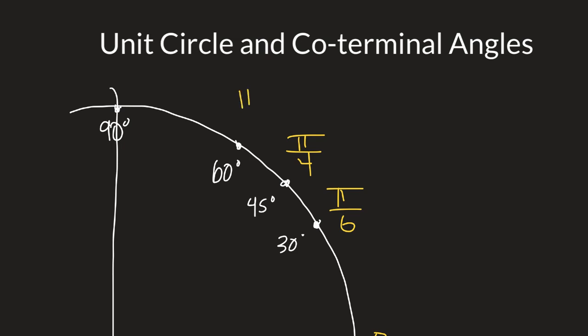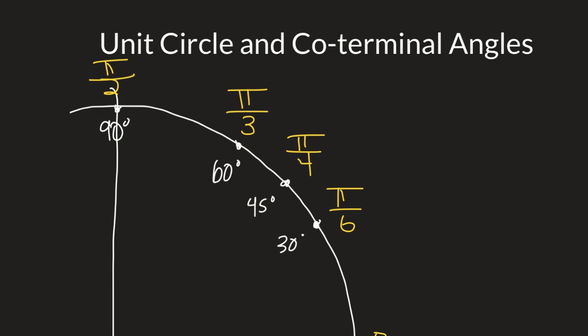And if we divide 180 by 60, we get 3. So pi over 3 radians. And then if we divide 180 by 90, we get 2. So 90 degrees is pi over 2 radians. So we have a 6, a 4, a 3, and a 2 as our denominators for your first quadrant radian angle measures.